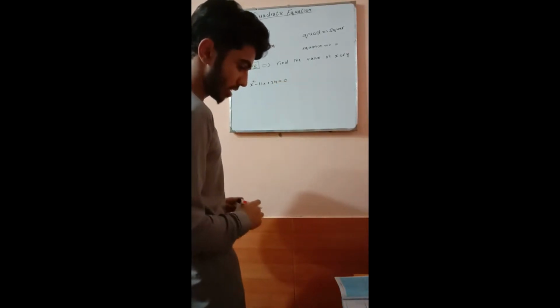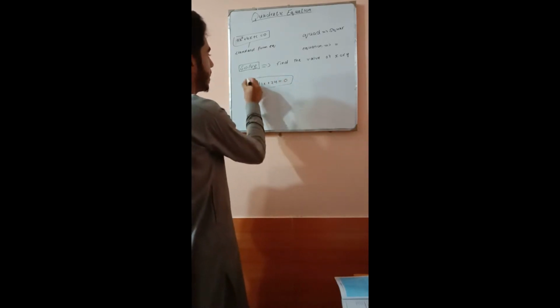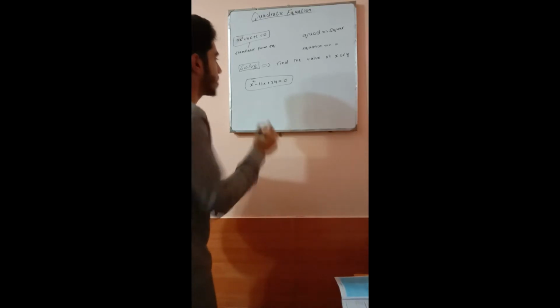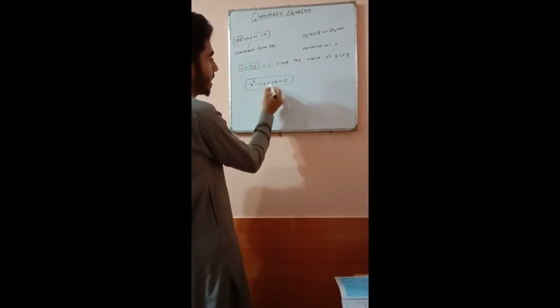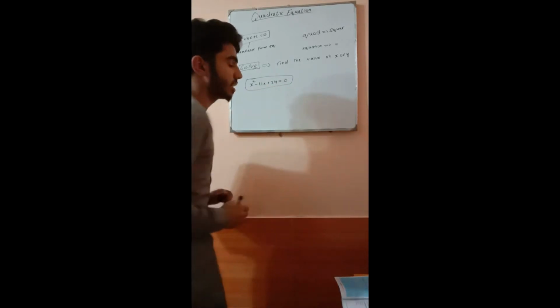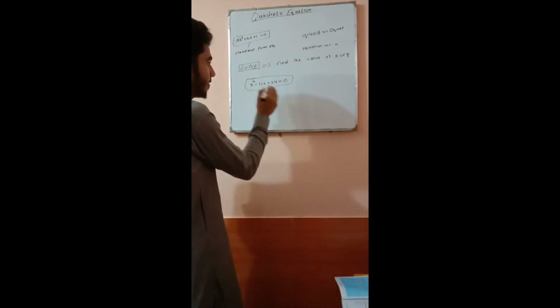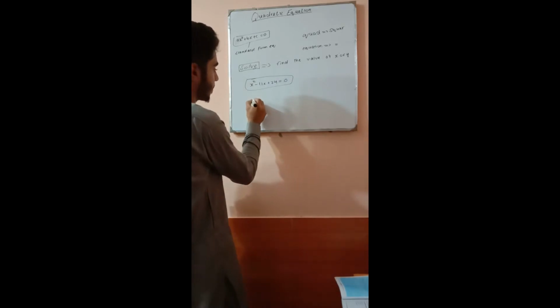So we have to find the value of x in this. This is a quadratic equation because the maximum power of x is 2, so it is called quadratic, and there is a sign of equality. So overall it is called a quadratic equation, and we have to solve it by the factorization method.